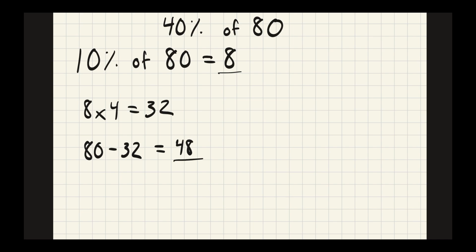I'm going to show you another way to do this. So for the same example, 40% off of $80, what you could think of is, since we're getting 40% off, then we're paying 60% of the price. So we could find 60% of 80 instead of doing any subtraction.